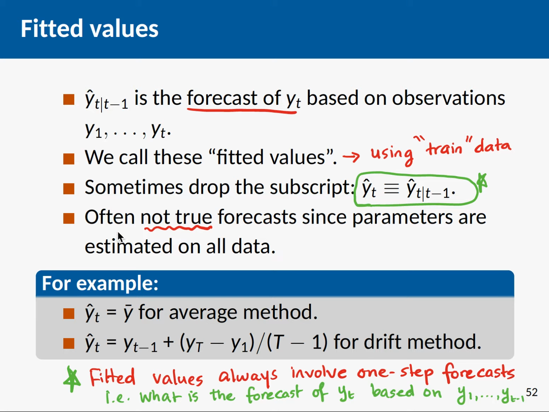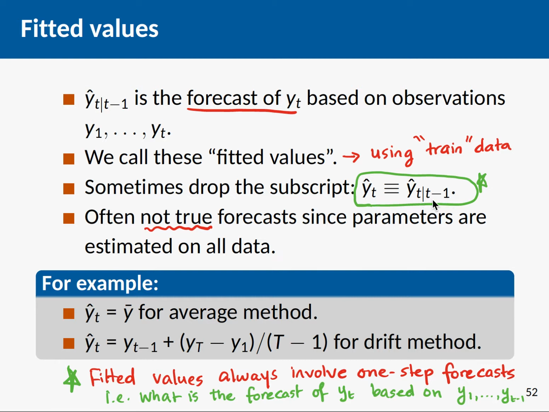Even though when you write something like this it looks like you're trying to produce a forecast, these are often not true forecasts because these parameters are based on all the data that you have in your training data set. So fitted values, in other words, are always one step ahead forecasts.